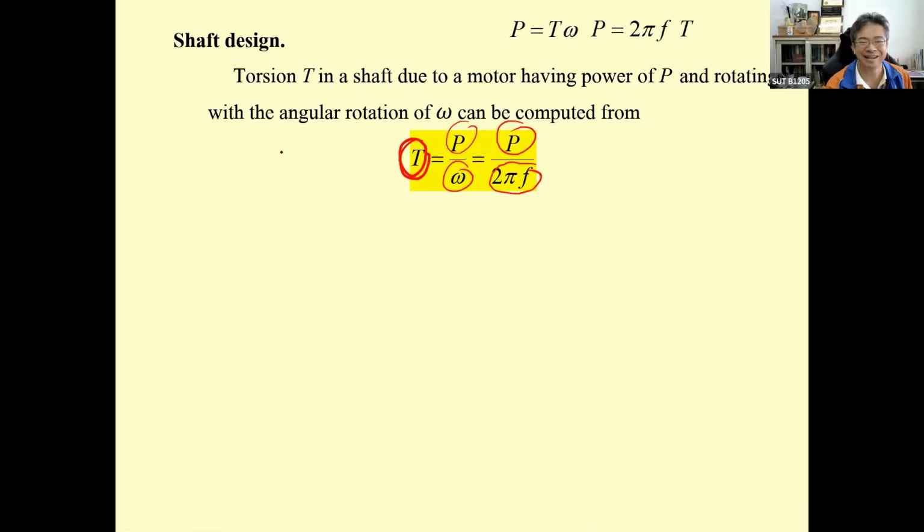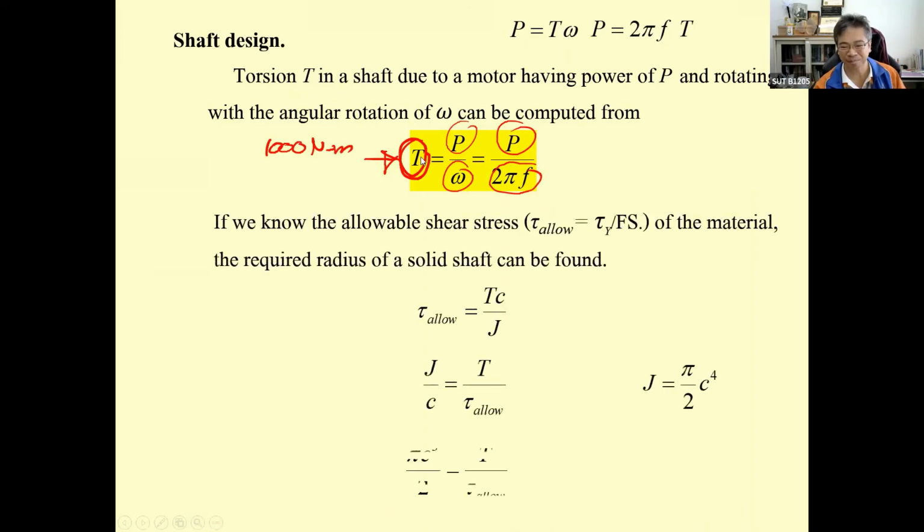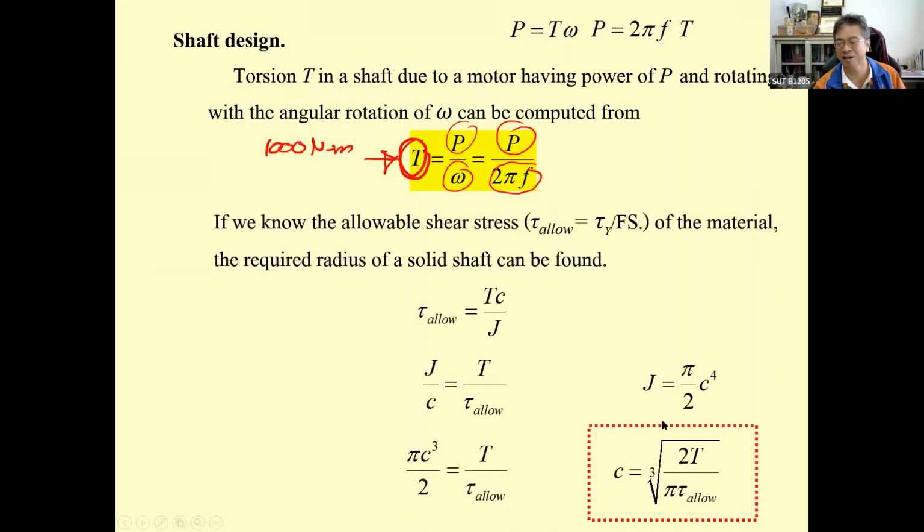But in our subject, most of the time, the instructor will give you the torsion, such as 1000 Newton meter. Okay, and then you can use this equation to determine the radius of the solid shaft. You can derive this one easily.